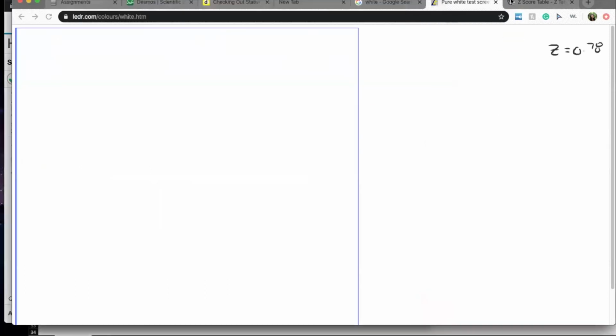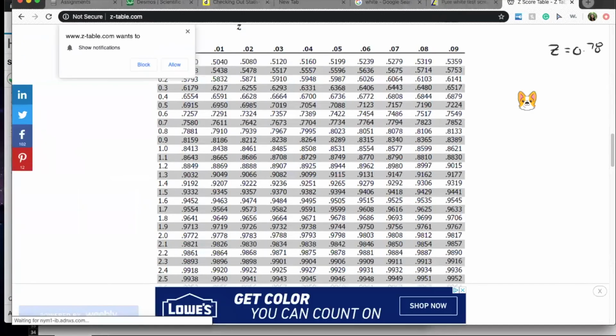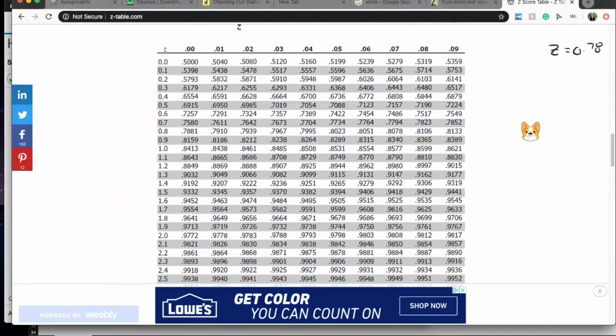If we went and looked at a z-score table and went from 0.7 all the way to 0.8, we would get 0.7823.